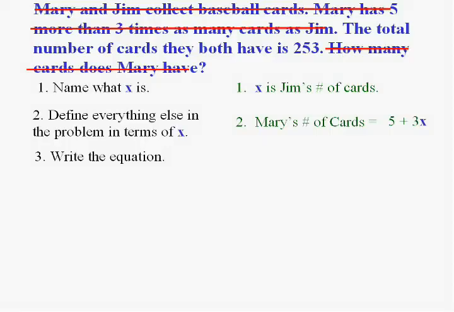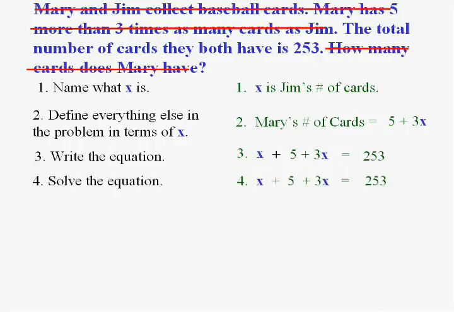Let's write the equation. The total number of cards they both have, Jim's cards plus Mary's cards, is 253. Please note from this example, if you have trouble in step 2, move back to step 1 and redefine x. Okay? Now, let's solve this bad boy. I'm going to combine the 1x and the 3x and get 4x.